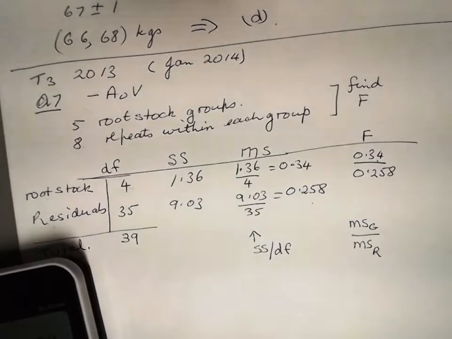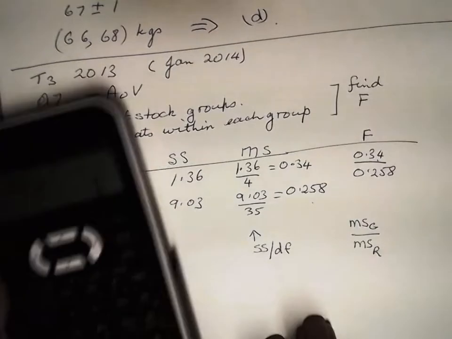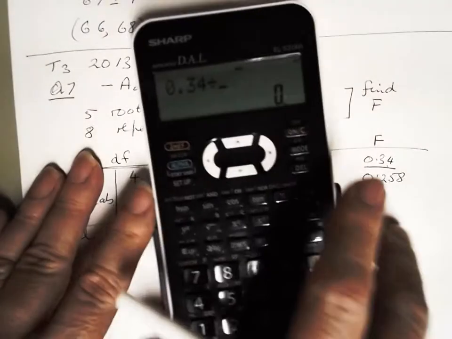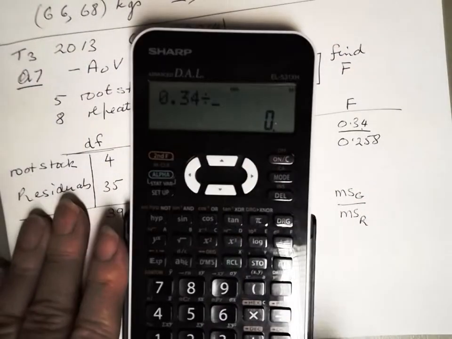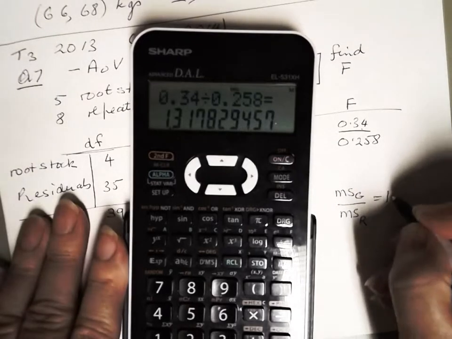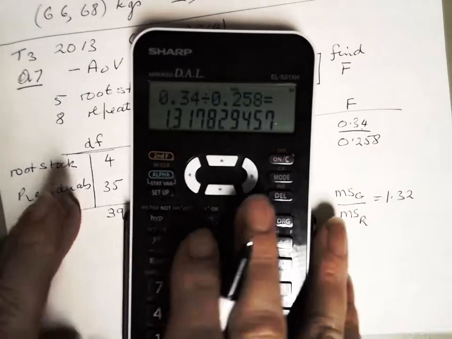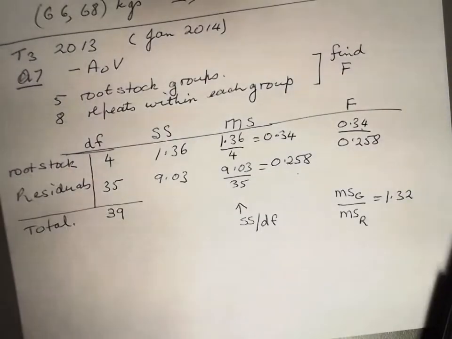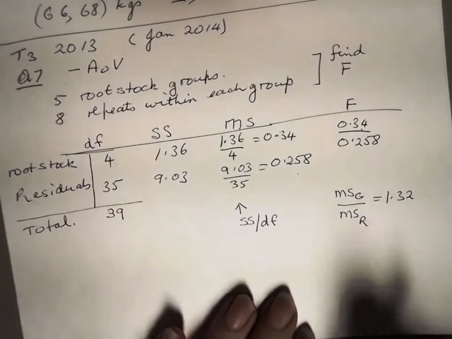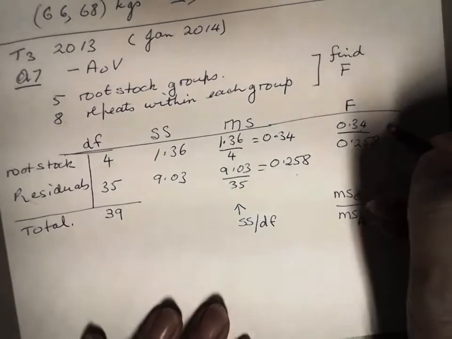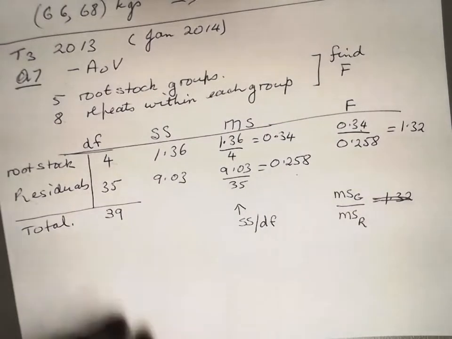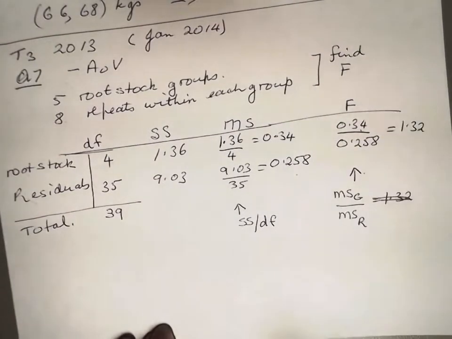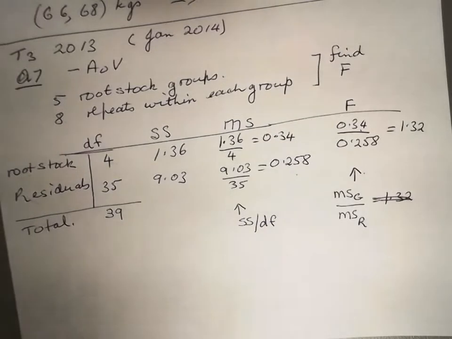So I've got 0.34 divided by 0.258, which is equal to 1.32. Have I got the right numbers? Yes. Okay. So we've now got our F value. So that was the F value. That was for part A.